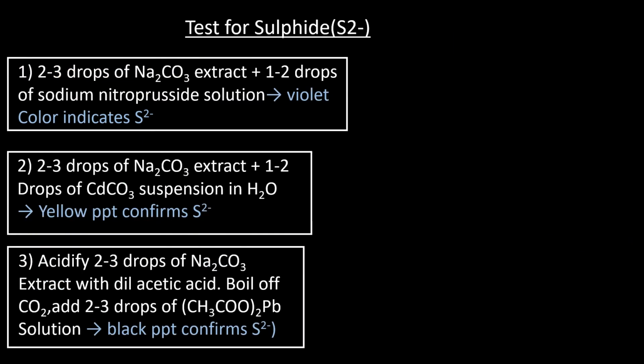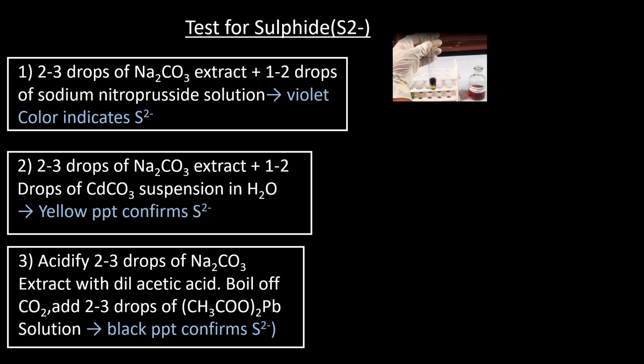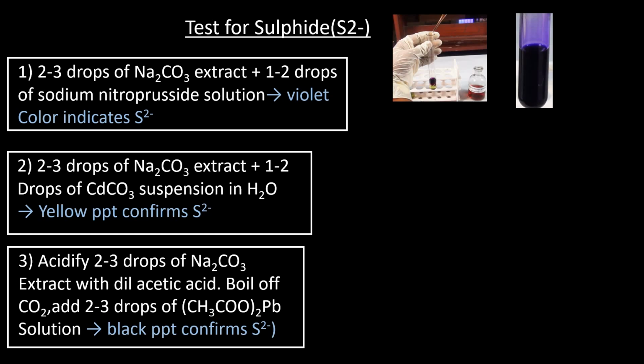Okay. Now coming to the test for sulfide. What is the first test? 2-3 drops of sodium carbonate extract and 1 or 2 drops of sodium nitroprusside solution; a violet color indicates the sulfide. See, when you are adding sodium nitroprusside, you will get this violet color. Now, what is this reaction? Here also, I am writing here.